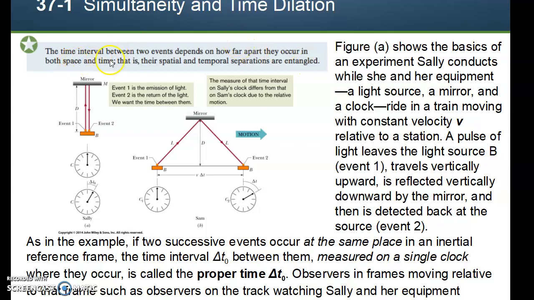So the time interval between two events depends on how far apart they occur in both time and space. That is, their spatial and temporal separations are entangled. So rather than just straight up and down right here, if there's a movement involved there, okay, then it is going to involve a time dilation event.